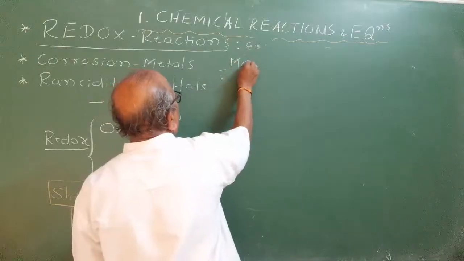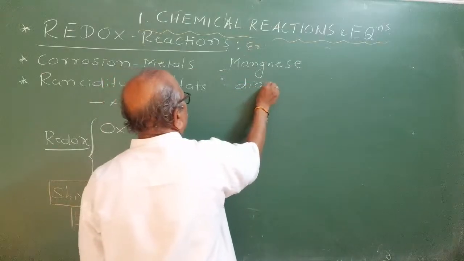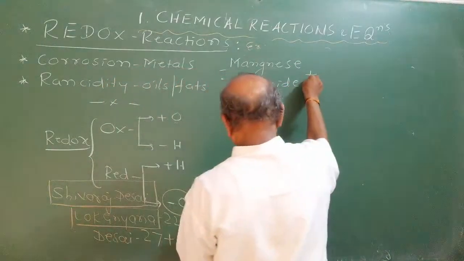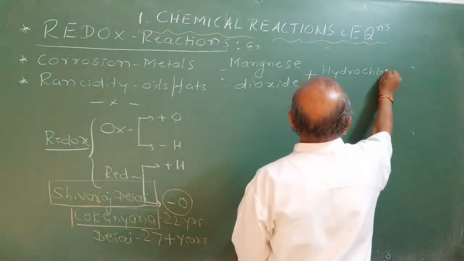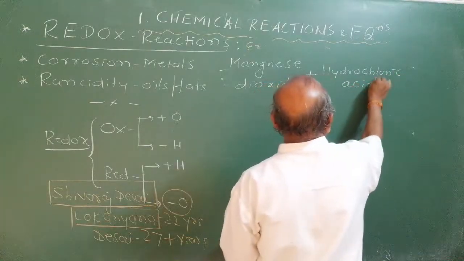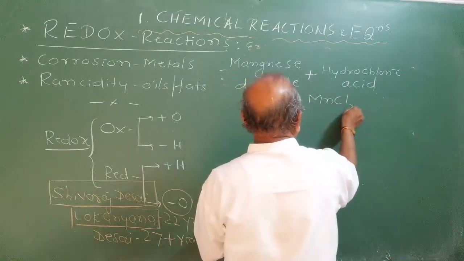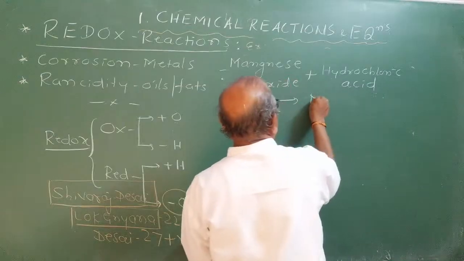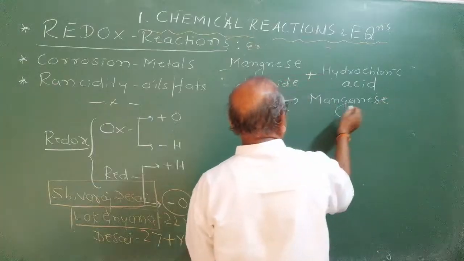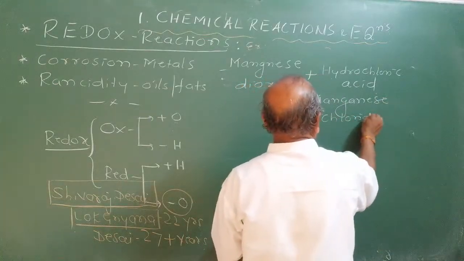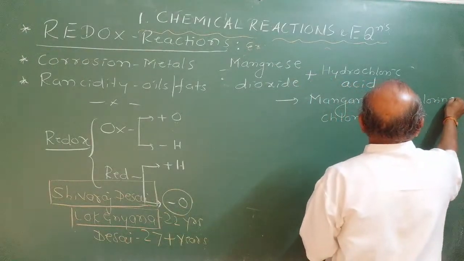Manganese dioxide, you write the formula, plus hydrochloric acid gives rise to manganese chloride plus chlorine plus water.